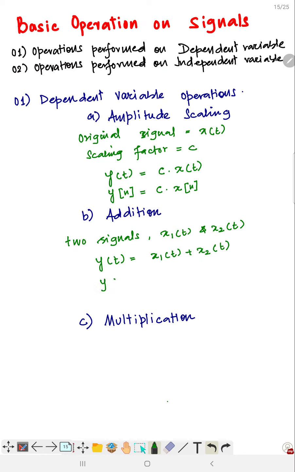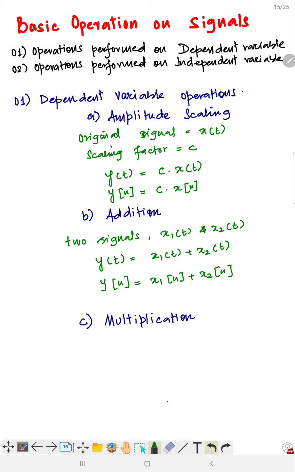Then again, in the discrete time domain, this will translate into this thing. We have x1 of n and x2 of n as two discrete time sequences, and we add them sample by sample, and the amplitude will increase of the resulting signal, that is y of t or y of n. Right? It's again a simple operation.